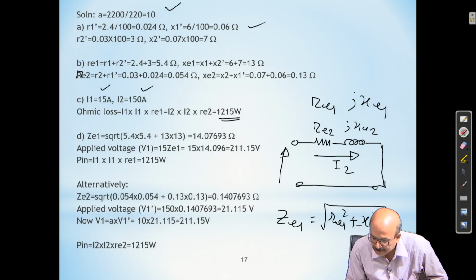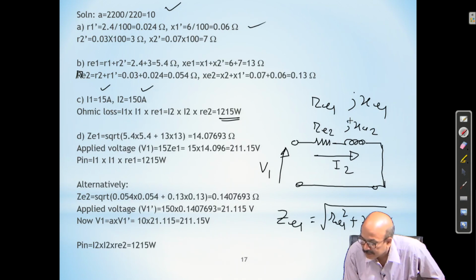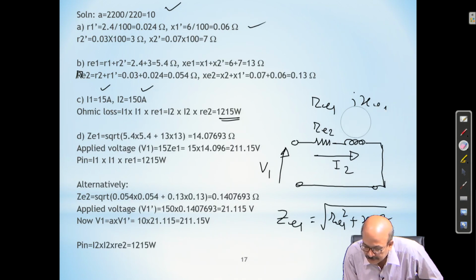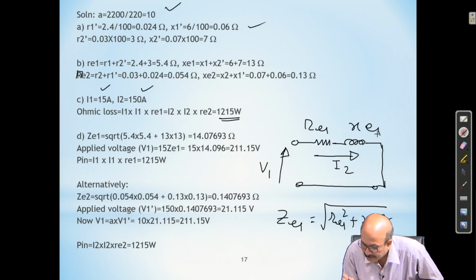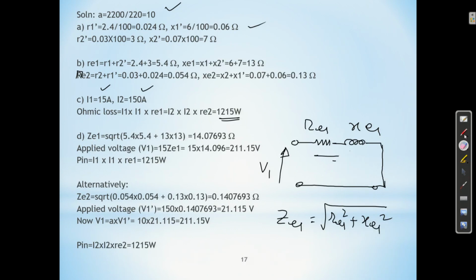You just calculate the impedance, and the voltage required is V1. So, not to confuse, we can delete this and consider that this is RE1 and this is XE1, right, and then this will be I1.